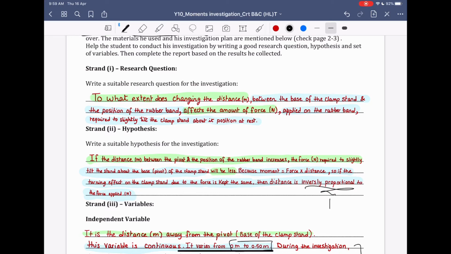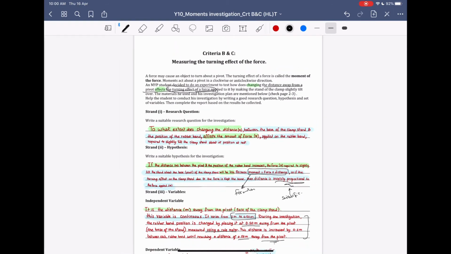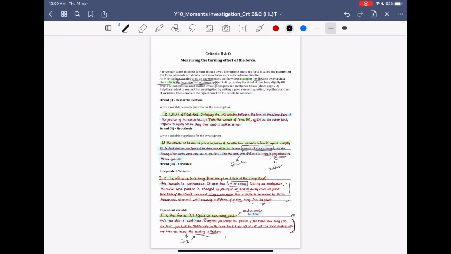So again, I'm using scientific words, scientific reasoning, and I'm being specific by stating whatever formula you can use. So that's a formula, that's being scientific. Okay? And I'm sure you can always find a way to improve your answer.